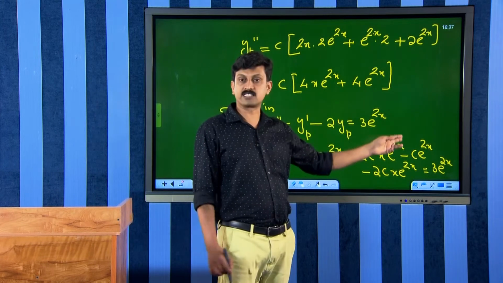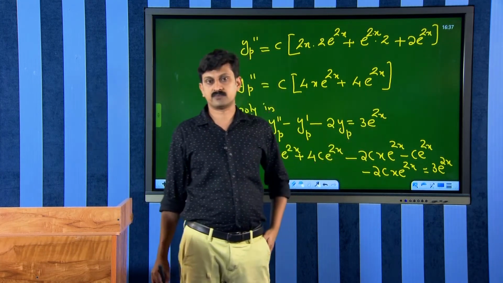And we have the RHS, that is equal to 3 e raised to 2x.